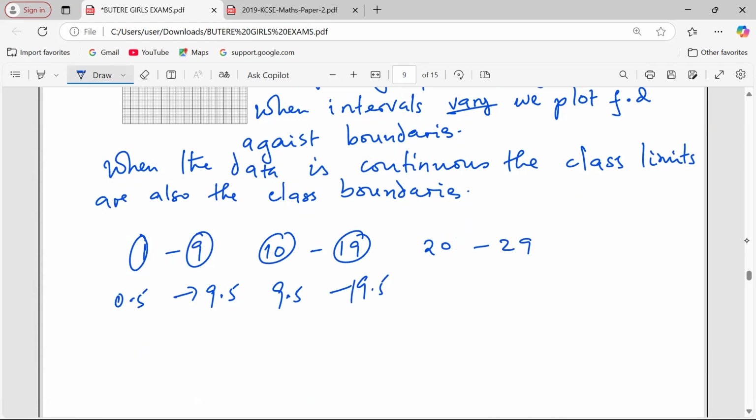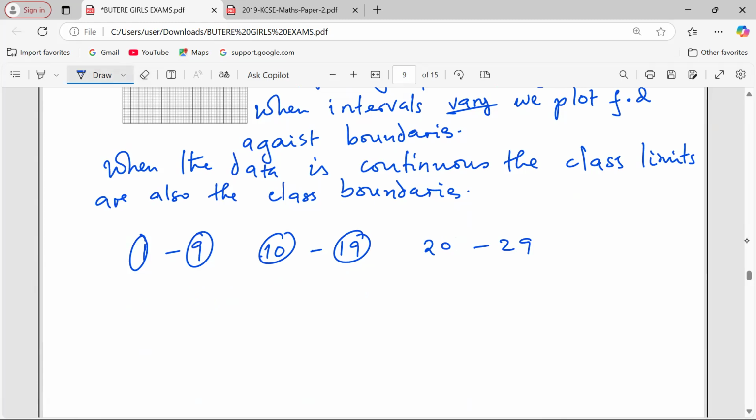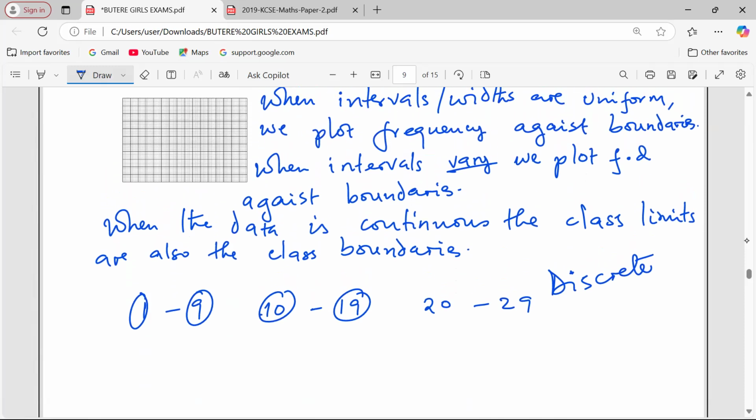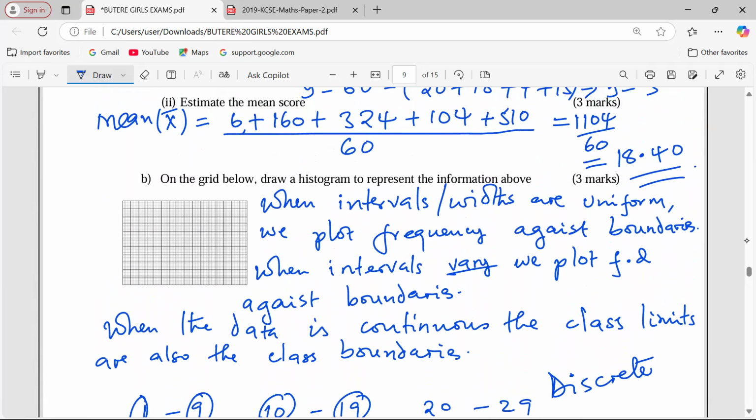So these ones are boundaries, but 10 to 19 are limits. So when the data is not continuous, rather when the data is discrete, we call it discrete data. When the data is discrete, we say that the limits are different from the boundaries. But for our case, what we are having as limits will also act as the boundaries. So they are the boundaries to be plotted.